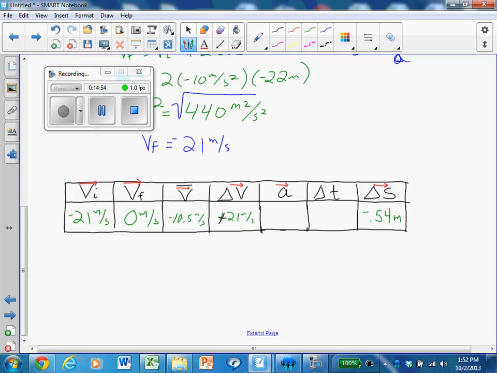So let's get delta T from V bar is delta S over delta T. So delta T equals delta S over V bar, which would be minus 0.54 meters over minus 10.5 meters per second. You can see it's quite small. Of 0.05 seconds.